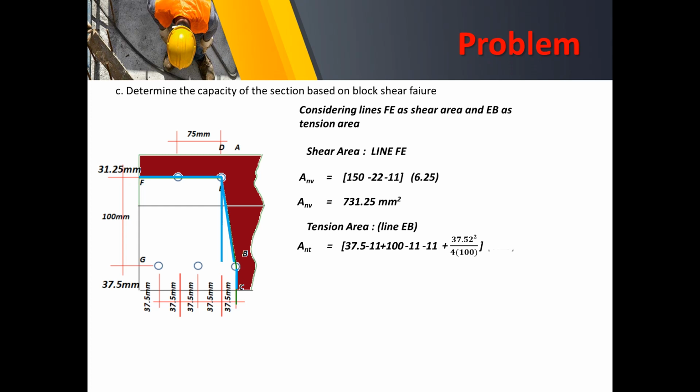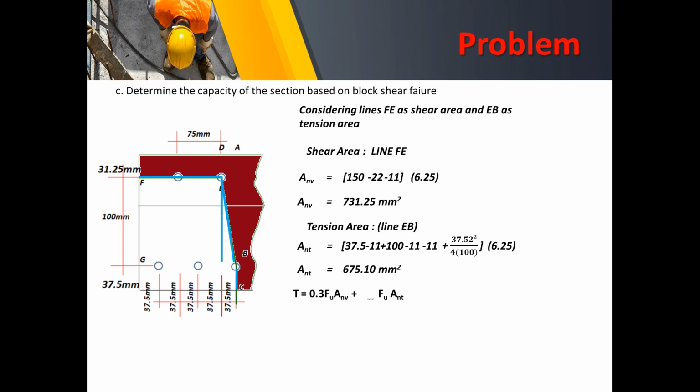All of which will be multiplied by the thickness 6.25. So we get 675.1 square millimeters.